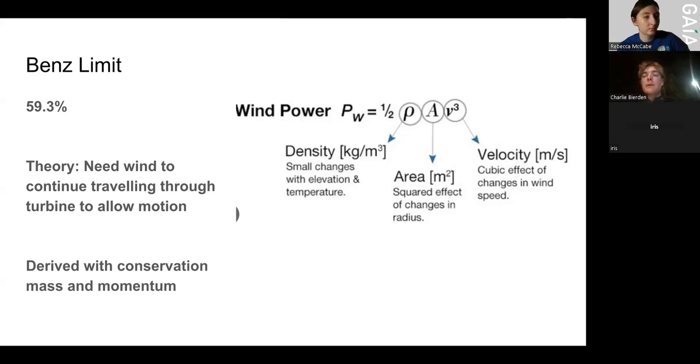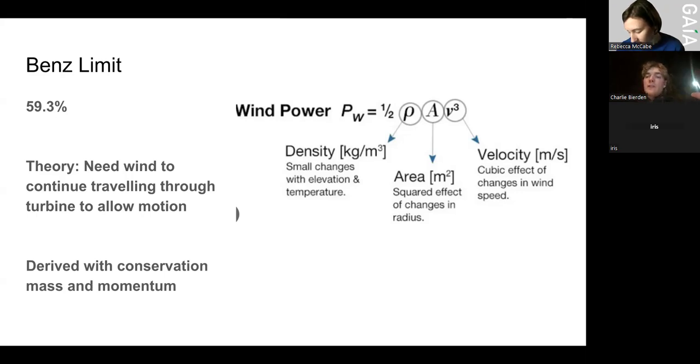The maximum amount of power that can be extracted from that area is called the Betz limit. And so the Betz theory, I won't go through the derivation, uses conservation of mass and momentum and the underlying idea that as wind passes through that area, if it completely came to a stop, you could extract the maximum amount of power from that.